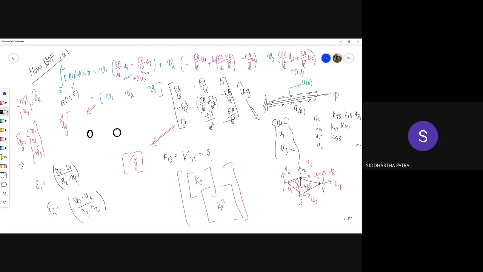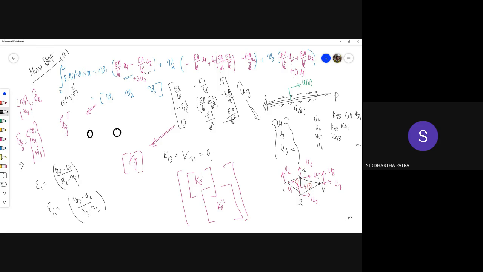They also get combined from either element, because all of these 4 degrees of freedom belong to either element.